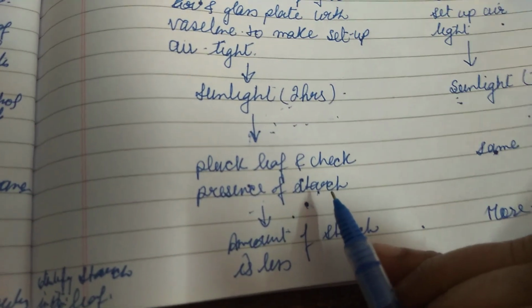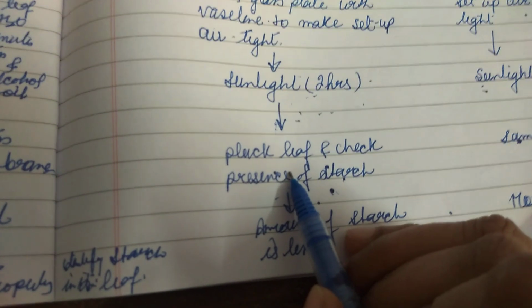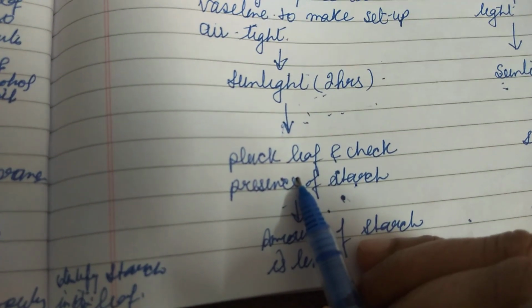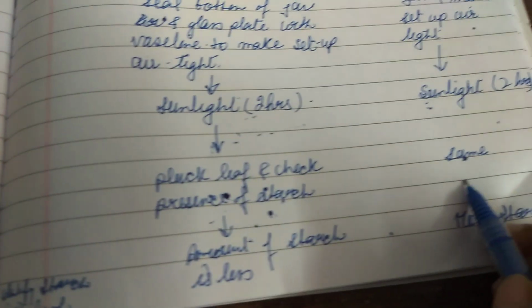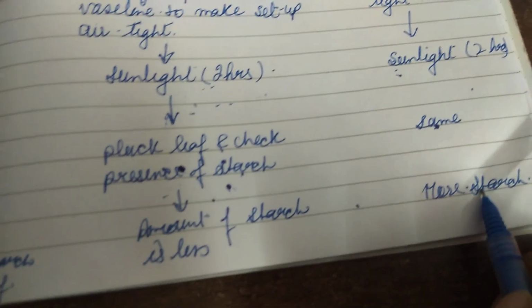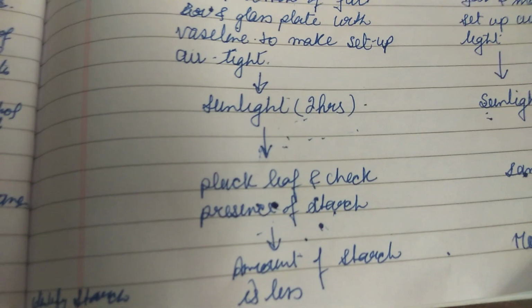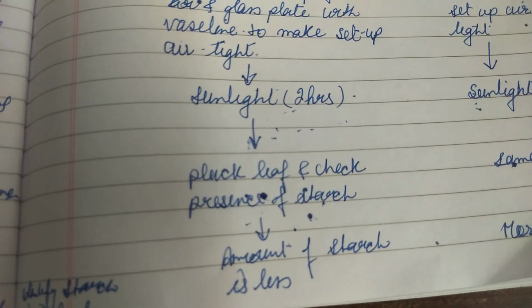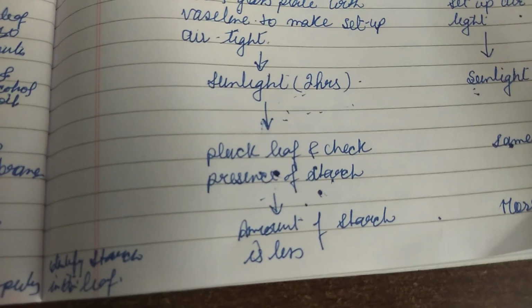So definitely the amount of starch will be less where we have kept the potassium hydroxide. Clear? And where we have not kept the potassium hydroxide, there starch will be more. So this activity shows that there is need of carbon dioxide for photosynthesis, or CO2 is essential for photosynthesis.